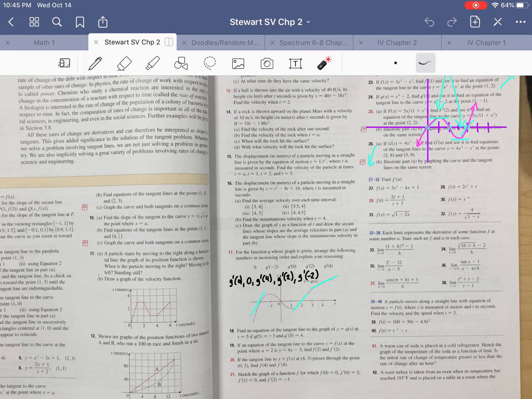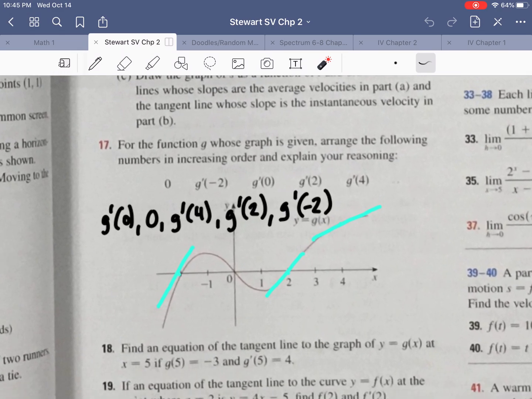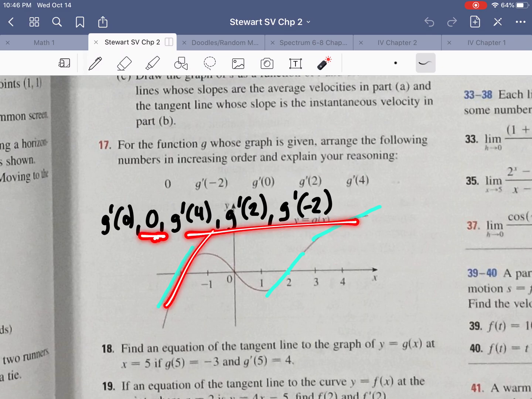I'll talk about 17 and I'm going to wrap this up. The reason why I know that this is the order is because the derivatives are the slopes of the tangent lines. So g prime of 0, well, first of all, that one's negative, and then 0 is not negative. Negative numbers are always smaller than 0, and then the rest of these are all positive because they're all uphill.